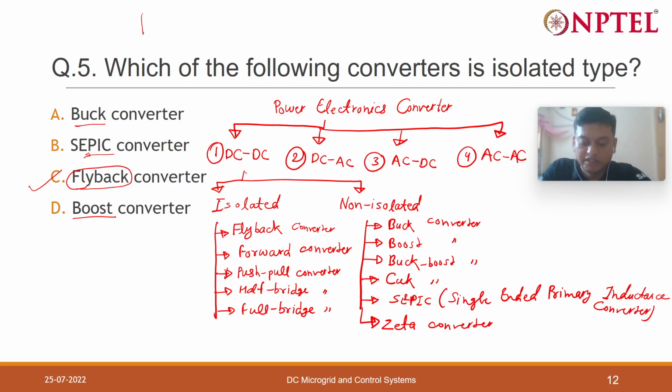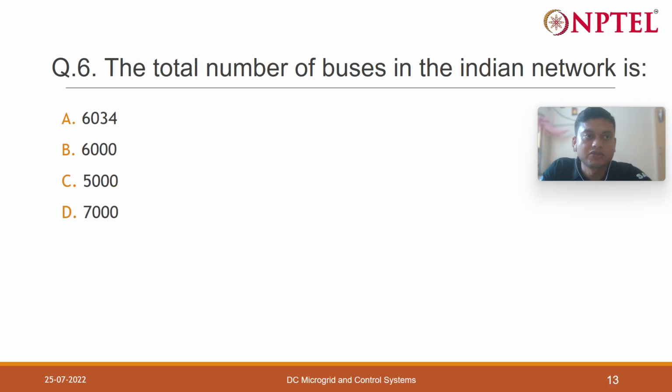So let's see the next question, sixth number question. The total number of buses in the Indian network is, first option is 6034, second option is 6000, third option is 5000, and D option, last option, is 7000.